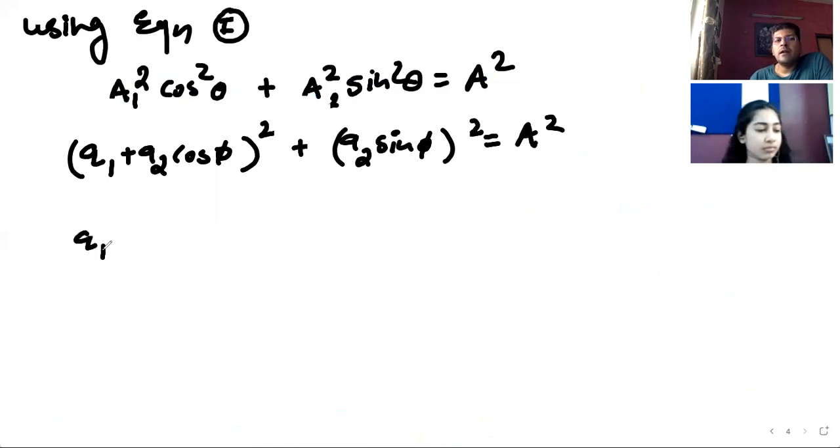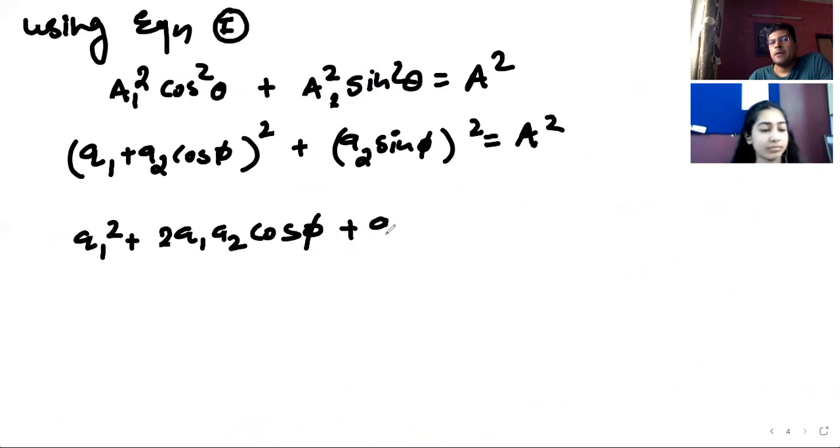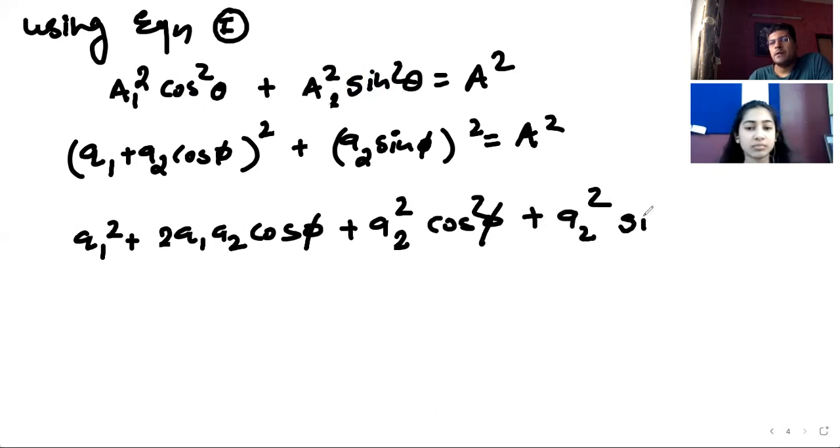So I will have a1 square, 2 times a1 a2 cos phi, plus a2 square cos square phi plus a2 square sin square phi equals capital A square.